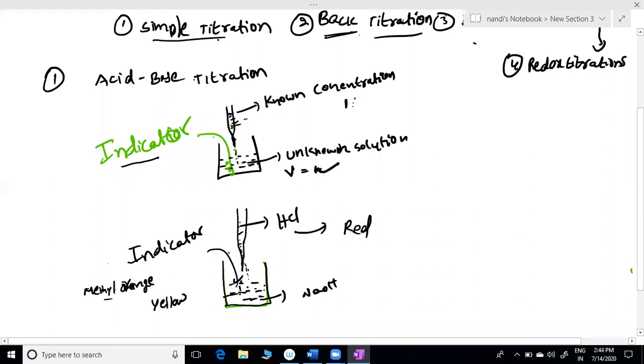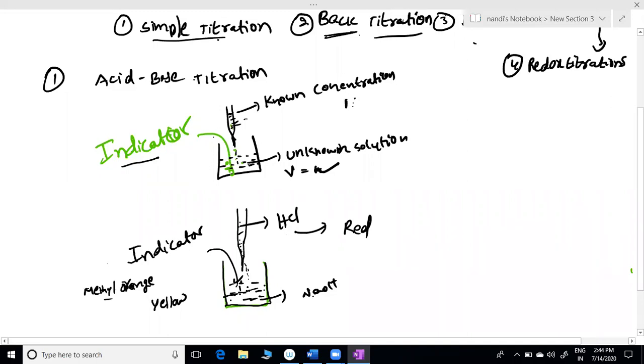Whenever you add an indicator, it should show two different colors. If it shows only one color, we can't find out when the reaction is completed. That's why the indicator should show two different colors: in acidic medium one color, in basic medium another. Adding acid slowly step by step, all the NaOH reacts and converts into salt.